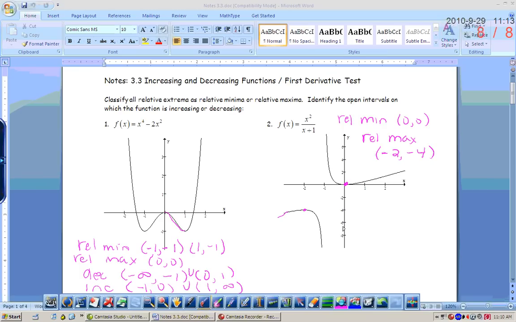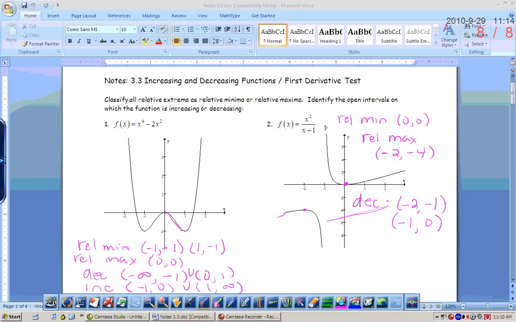All right, decreasing. I am decreasing from negative 2 to negative 1. And negative 1 to 0.